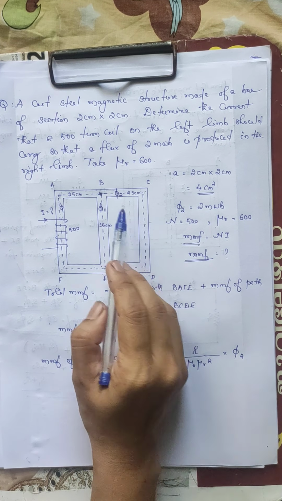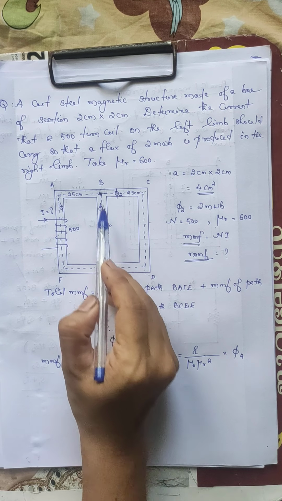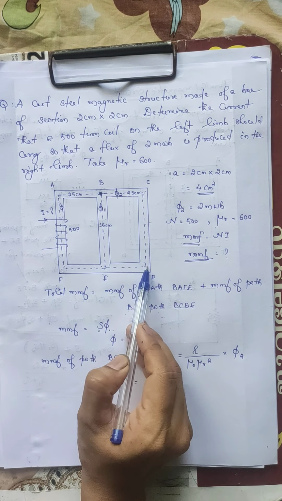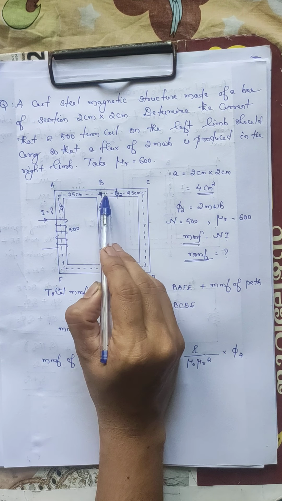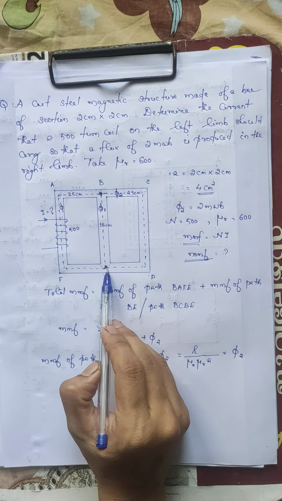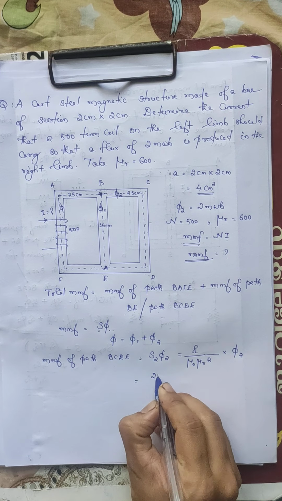So we know that the right limb is actually considered from this point up to this point. So if length is given like this, it will be the total length of that particular path. So it is 25 centimeter.